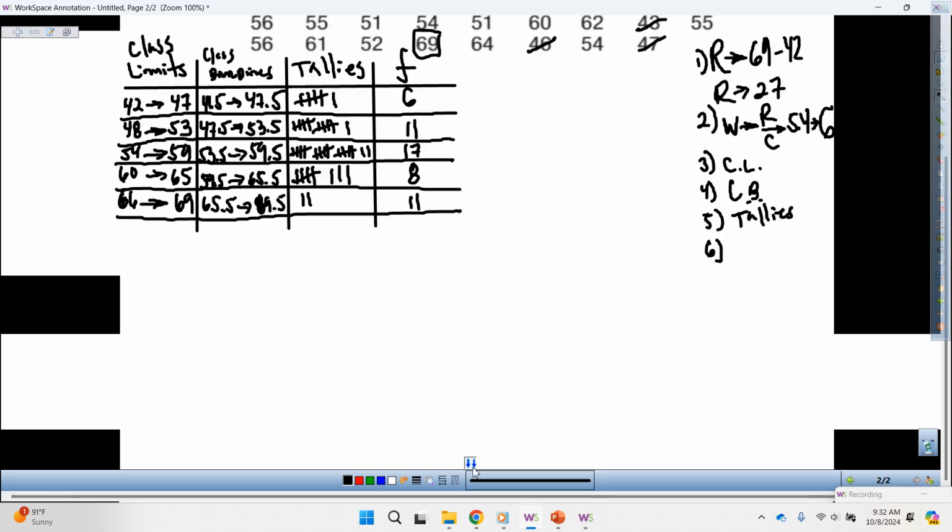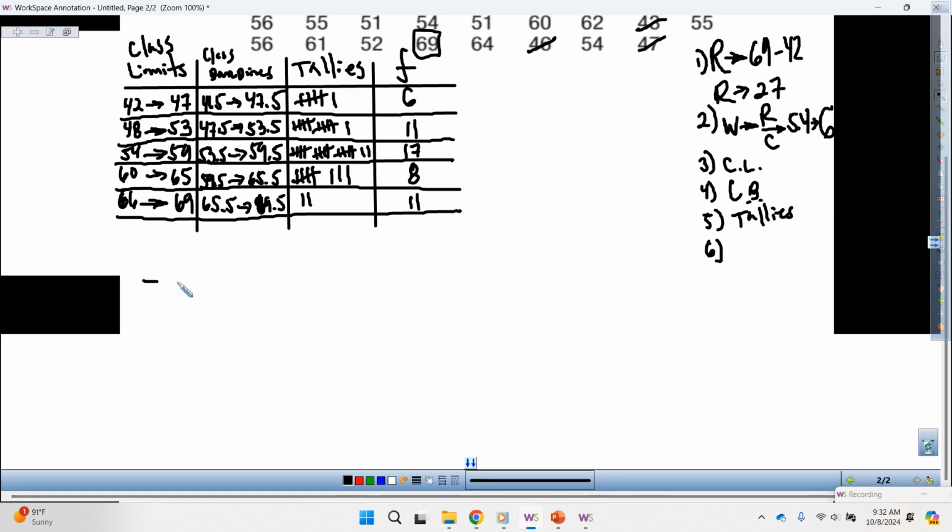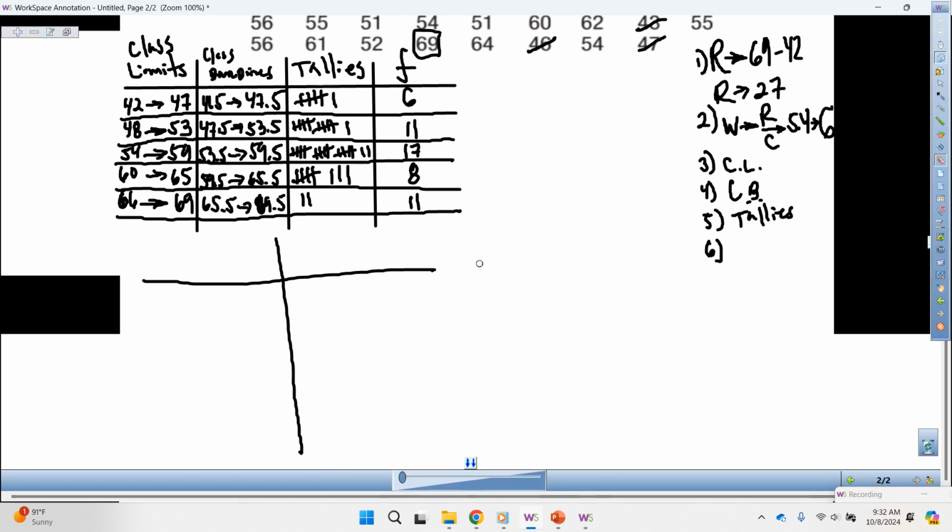Let me scroll down. For ogive, we need another table. Say that again. Oh, yeah, 2, not 11. Yeah, I did that on purpose to see if you were paying attention. Ricardo, very good. So class, cumulative frequency.